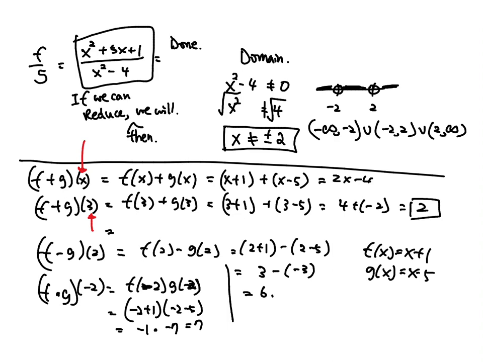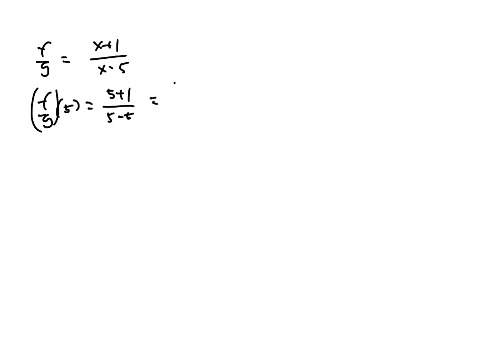Alright, the last one, f over g. So this is x plus 1 over x minus 5, but we are doing f over g of 5. So this is just going to be 5 plus 1 over 5 minus 5. So we got 6 over 0, which means no bueno.